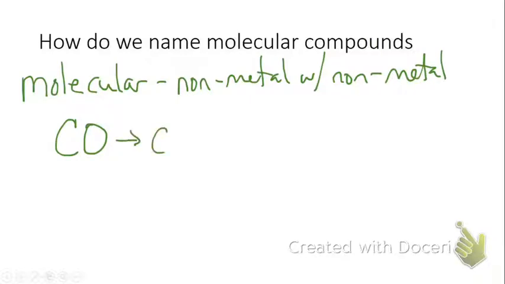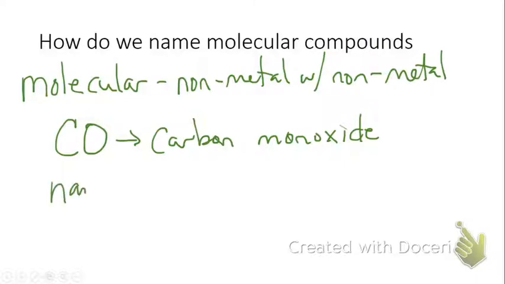We said this was carbon monoxide. So, carbon monoxide. How do we name molecular compounds? We take the name of element 1, and we keep it the same, just like we did with the ionic compounds. So in this case it's going to be carbon.